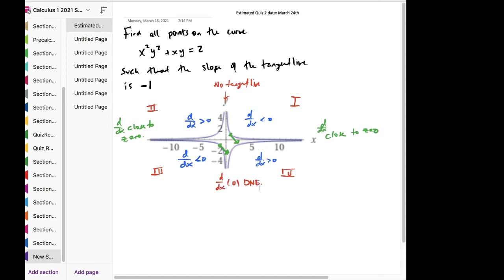So just some preliminary observation. When we do the derivative, we'll expect the derivative not to exist there. First of all, do you see why 0 is not an x value of this curve based on this formula? Why is 0 never an x value on this graph?